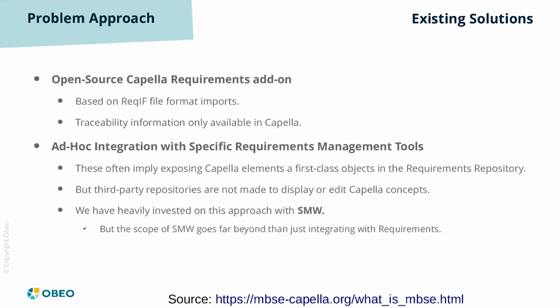It does work. However, the traceability information is stored and only available in Capella. All the requirement information, or at least a great deal of it, is duplicated and stored in Capella, and then the traceability information is only available in Capella itself and nowhere else, or at least not easily.